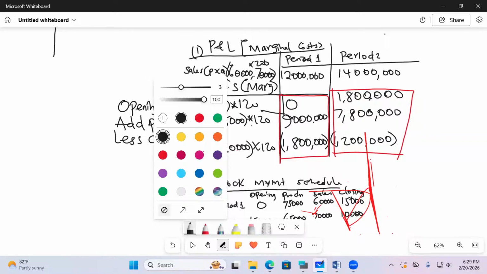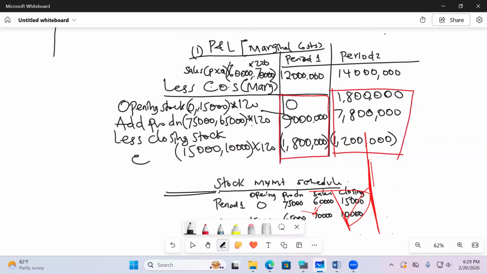So give me here cost of sales. What I want you to do for me is to take 0 plus 9 million minus 1.8 million, and give me a figure to write. 7.2 million. How about the second period? 8.4 million. So here we have 8.4 million.